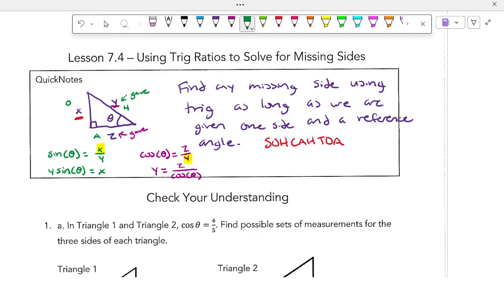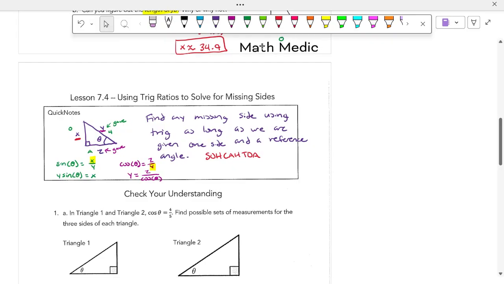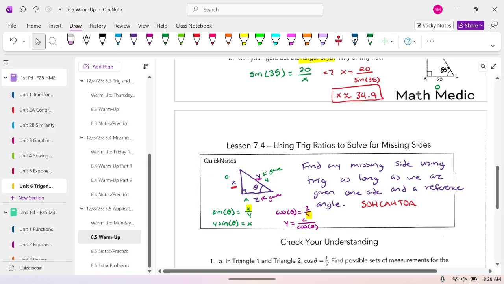All right, the check understanding is for y'all to do on your own, because again, it's just review of what we've already done with it. All right, so now go ahead and take out your packet and keep out that extra problems packet, because we're going to be using that as well today.